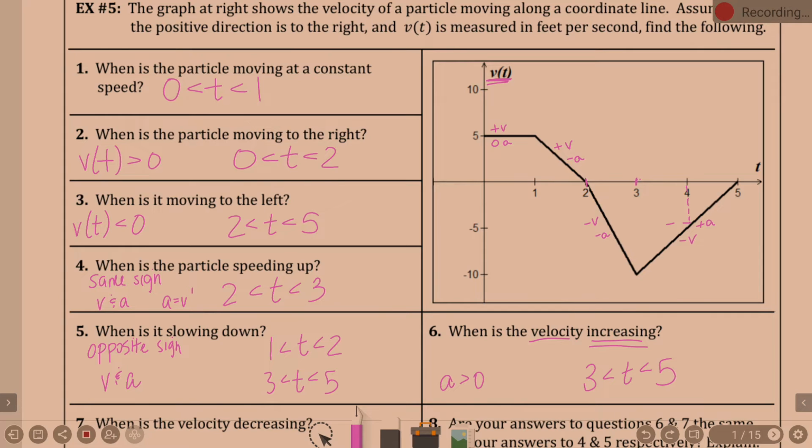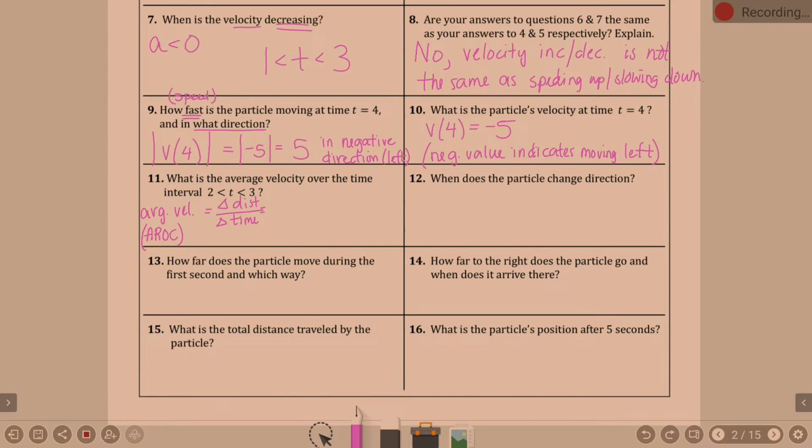When we talk about total distance, you flip back to page 145: what does the area under the velocity versus time graph tell you about the motion of an object? That it is total distance traveled. And that's what we want to look at here. So total distance is going to be the area under the graph.